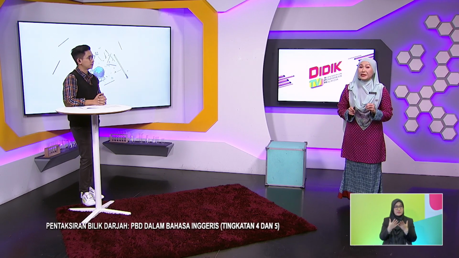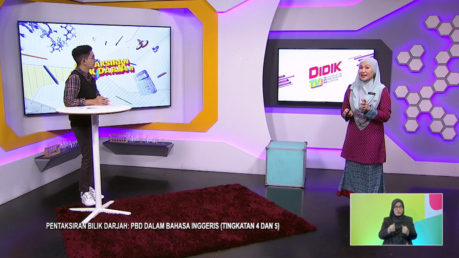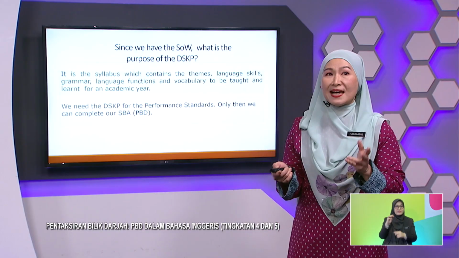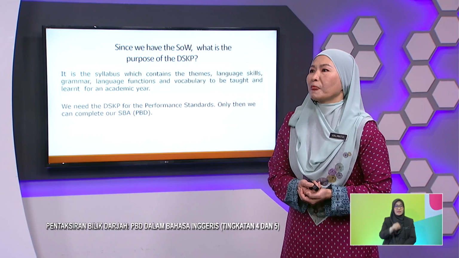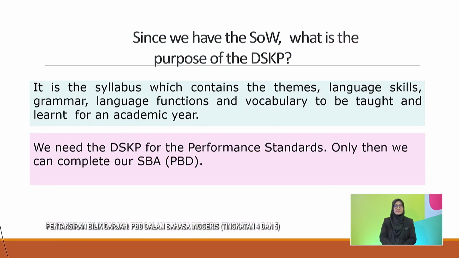Okay, in this particular segment, we are going to look in detail at how teachers should award the PBD marks accordingly. Alright, so let's get right into it. Okay, in the first slide, there's a question here. Since we have the SOW, which is the scheme of work, where teachers need to refer to whenever they plan their lessons, what is the purpose of the DSKP?